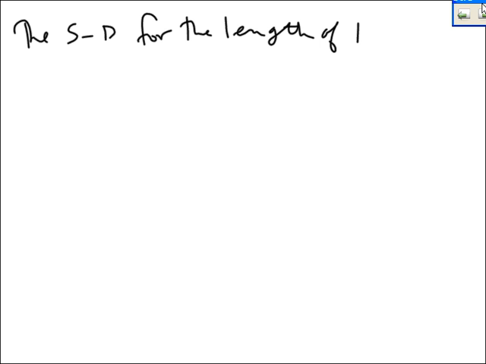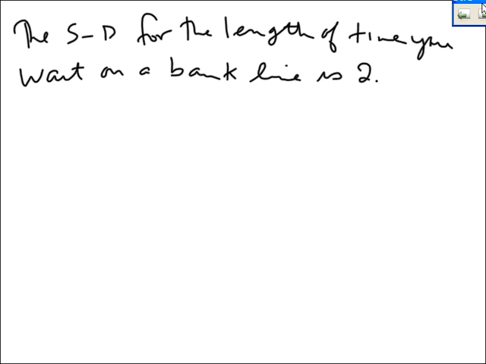Suppose you come to know the following. The standard deviation for the length of time you wait on a bank line is no more than 2.5 minutes.